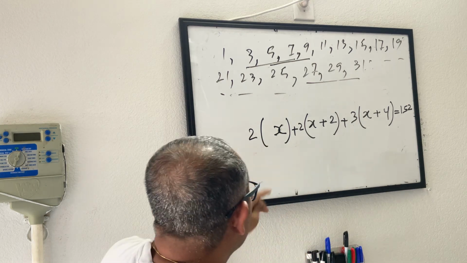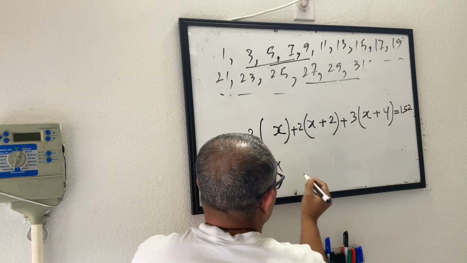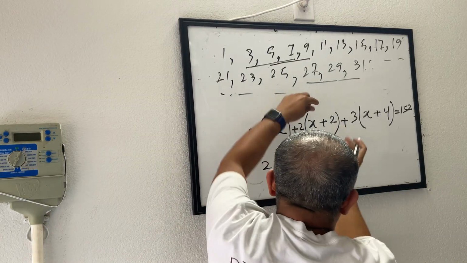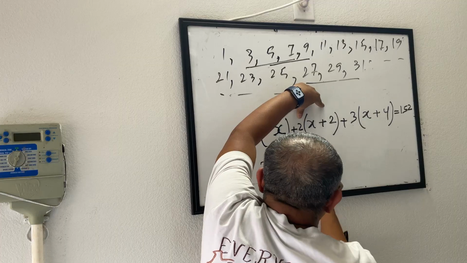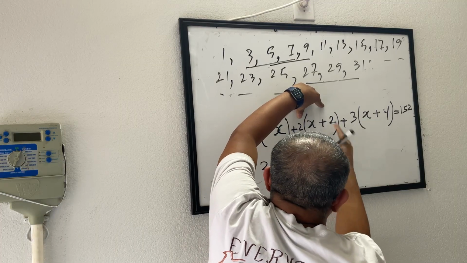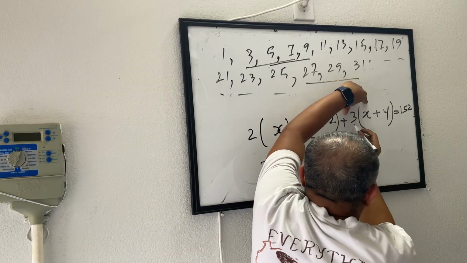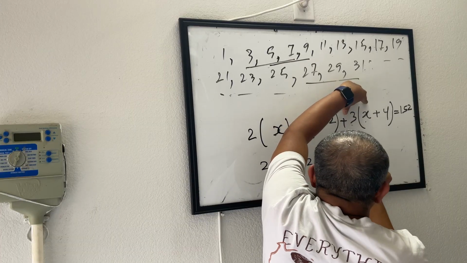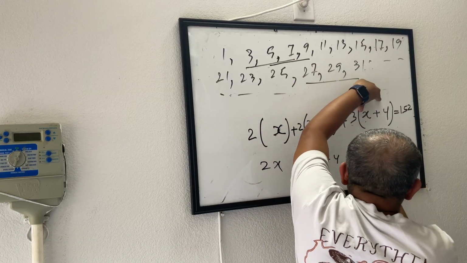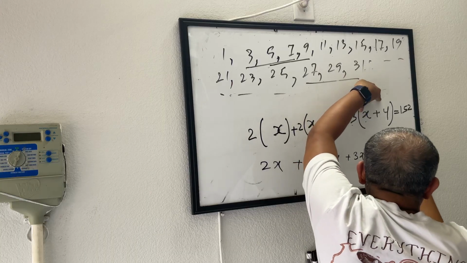So 2 times x is 2x plus 2 times this whole thing, so it becomes 2 times x plus 2 times 2, that is 4. And then I'm breaking open this bracket as well: 3 times x is 3x, 3 times 4 is 12, equals 152.